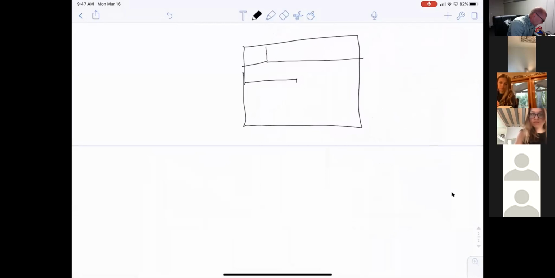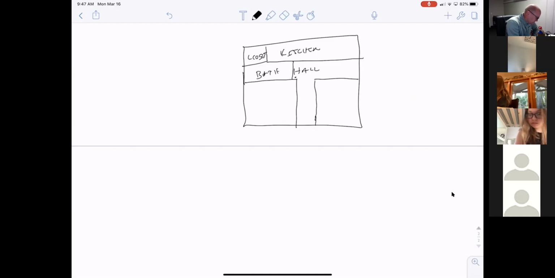Doing my best to recreate drawings, you know how that goes. So it's like a floor plan, kind of like a building where they said this is like a closet. This is like the kitchen. This is like a hallway. Bathroom, whatever, you get the idea.